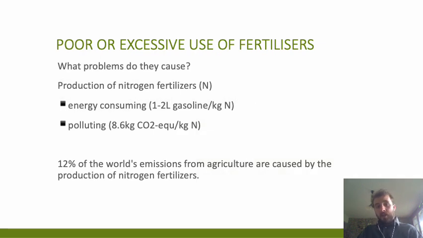In addition to that, the production of nitrogen fertilizer demands a lot of energy through the Haber-Bosch process, or through this industrial production. It takes about 1 to 2 liters of gasoline to produce a kilogram of nitrogen, and the production of 1 kilogram of nitrogen makes about 8.6 kilograms of CO2 emission.